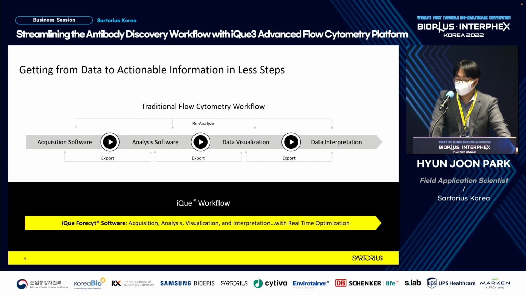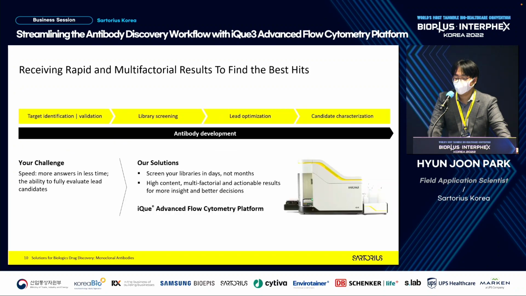But we have Foresight as our product. In that software, you can work on these things at one time. You will see the graphs later, and these graphs do not have to be worked on Excel or other programs. They are automatically giving you the result.